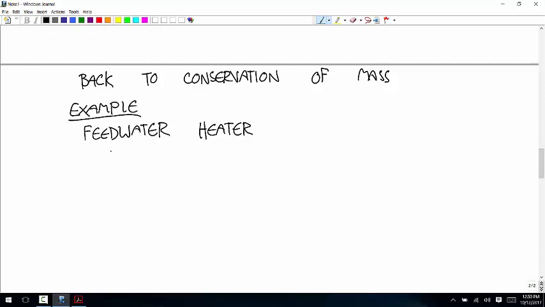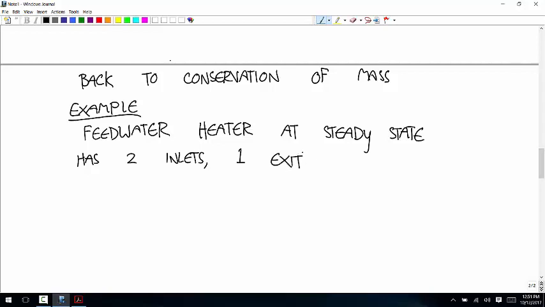So the feed water heater is steady state. And it has 2 inlets and 1 exit. And here's what we know.